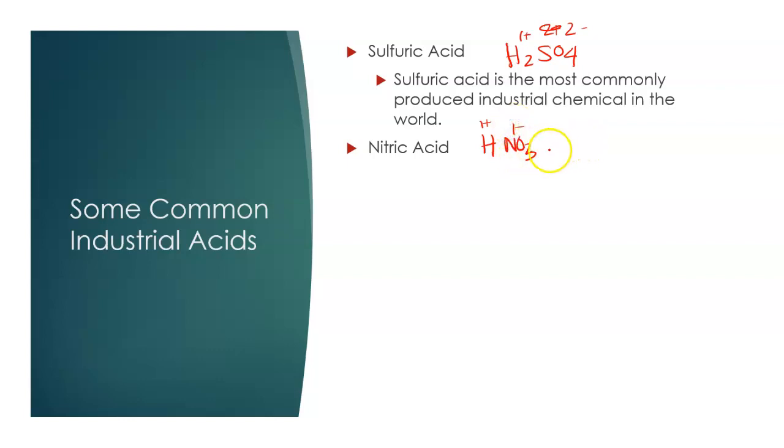They both have a 1 charge, so we don't have to cross anything. All our acids are going to be aqueous. Phosphoric acid is going to be H3PO4. The 3 is the charge of the phosphate, and a 1+ from the hydrogen, once again aqueous. Both of these are used in fertilizers.